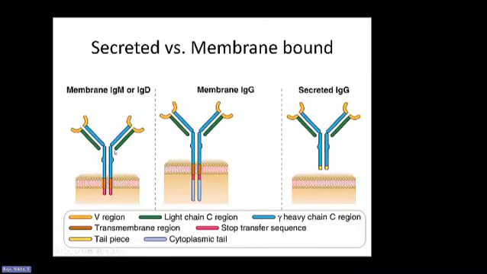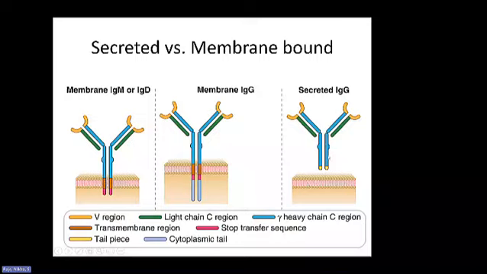All right, we talked about this tailpiece part of the antibodies that determines whether it's bound to the membrane or it's secreted. So in cases of IgM and IgD that make the B cell receptor, the antibody is bound to the B cell with a tailpiece that is smaller than the one on the membrane-bound IgG, but it's longer than the secreted form of IgG.